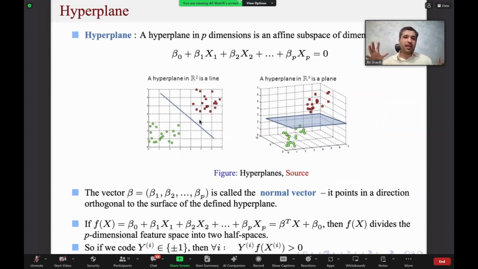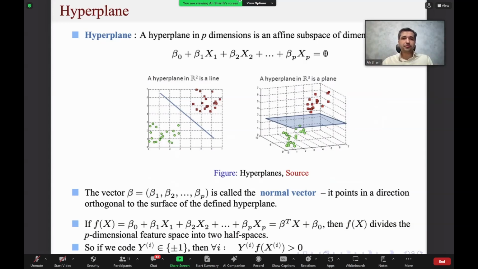A hyperplane is very similar to a simple line, but in n dimensions when n is above 2. So you can think about this as a plane in 3 dimensions, and you can think about an equation in higher dimensions that separates our samples from different classes.